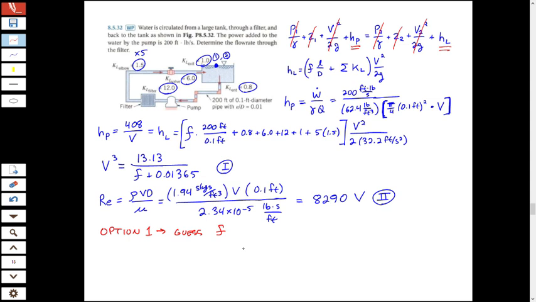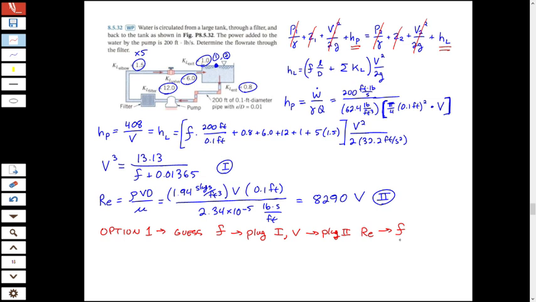And then when you plug the friction factor into 1, you'll get a velocity. You'll plug it into equation 2, and then that will get you a Reynolds number. And then with that, you go back and get a friction factor.